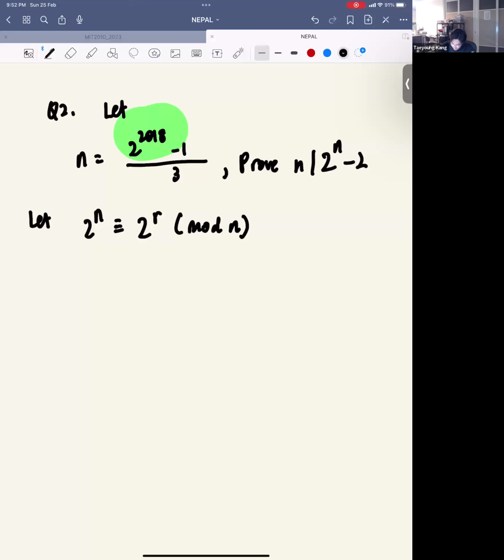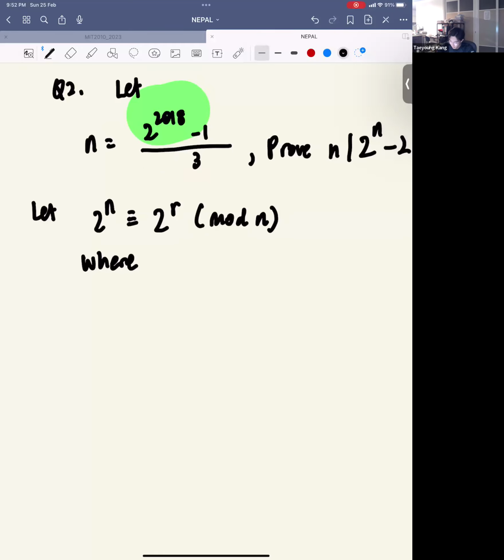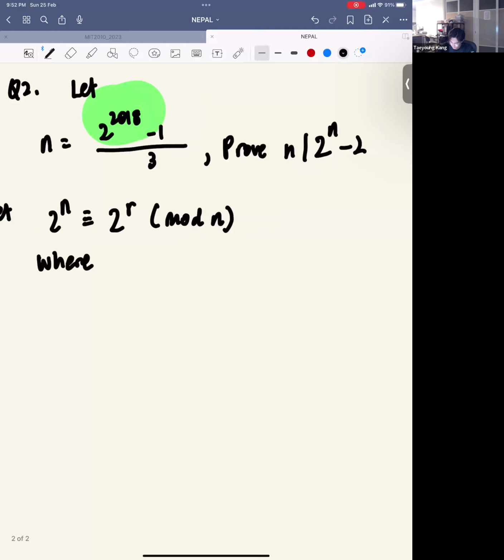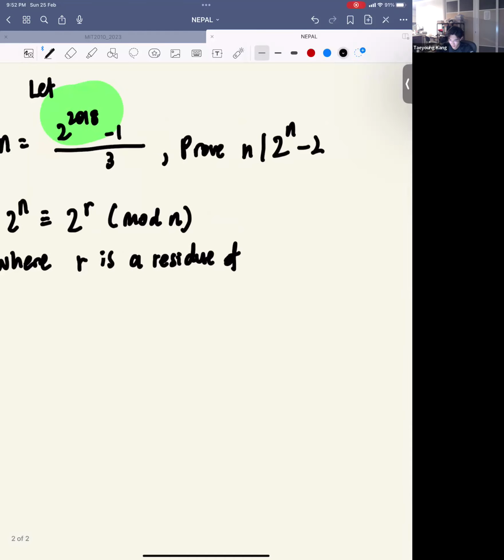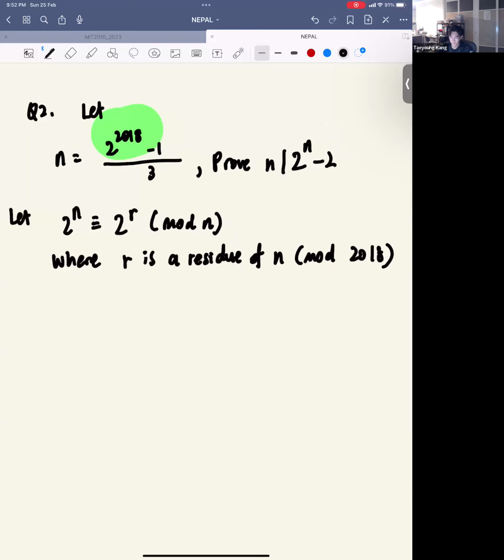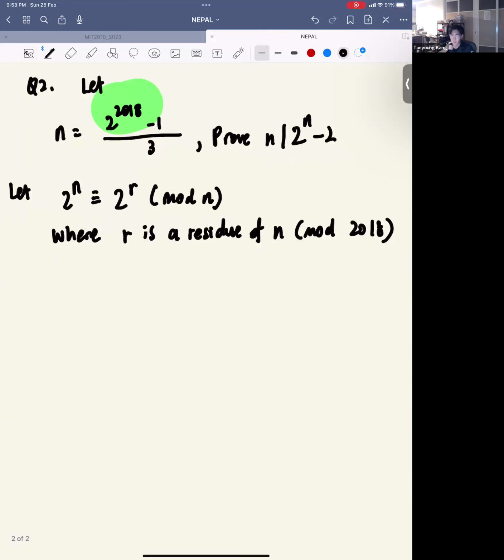Where r is a residue of n mod 2018. And our final goal is to show that r is basically congruent to 1, right?